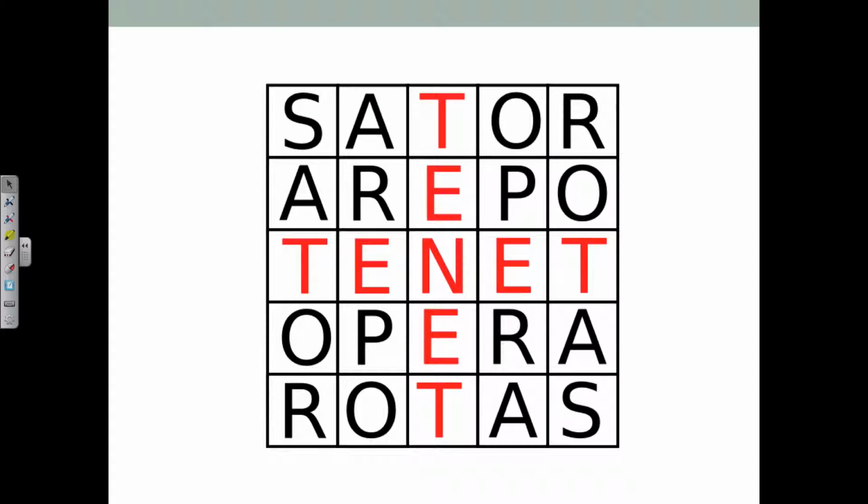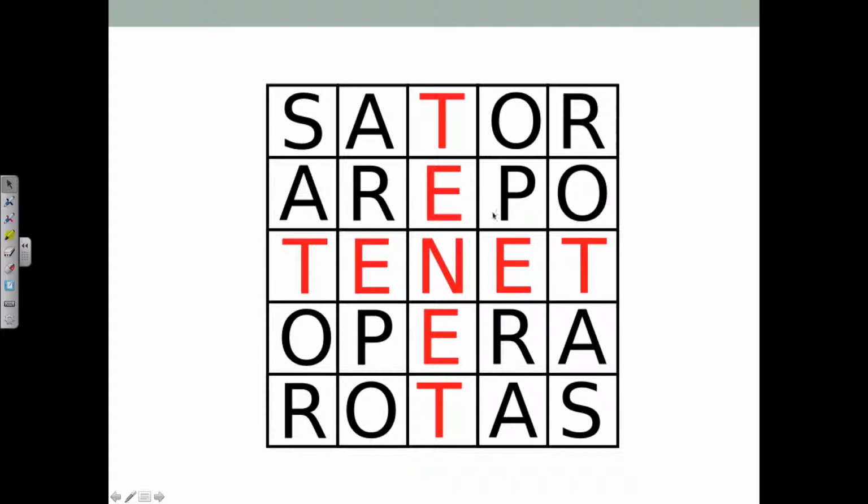Let's look at how this works in terms of its structure. This is a poem dated from the Middle Ages that Webern was really interested in, and you can see that it shows numerous types of organizations with the same words. So sator, arepo, tenet, opera, rotas can be read in all 4 permutations.